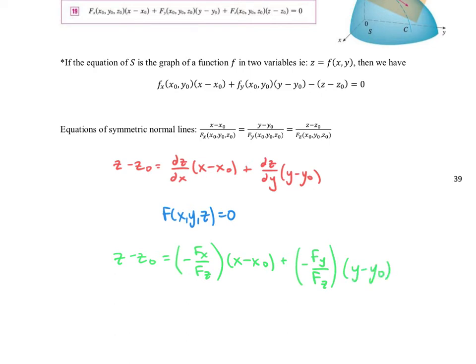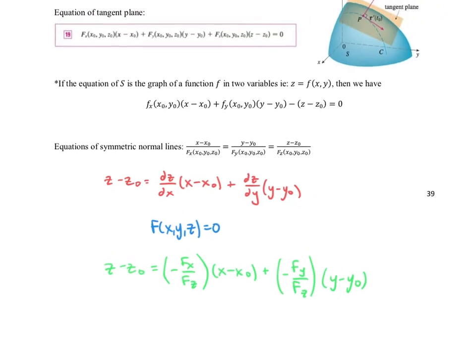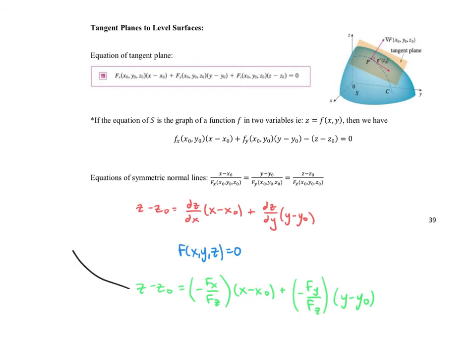In section 11.5, what I showed you was that you can simply multiply everything by the partial derivative of capital F with respect to z, and then balance the equation. And what you get is this equation that we have now defined in the above example, where you have your partial derivatives of F as the multiplier to each of these values.